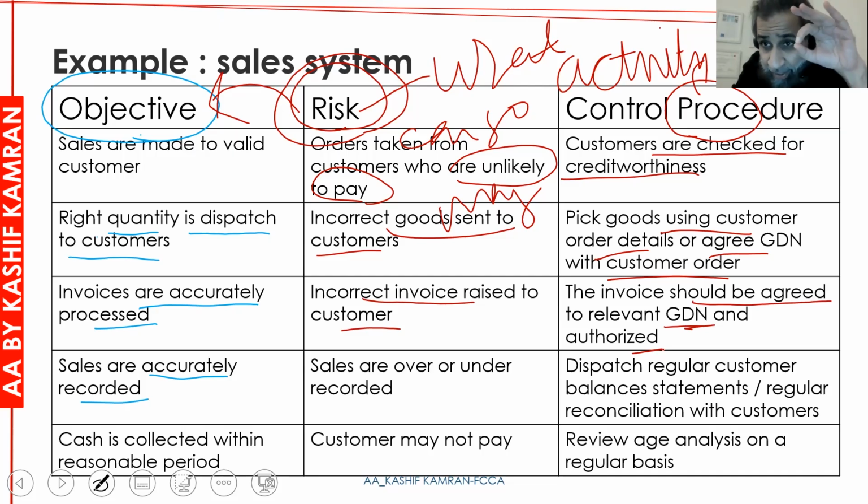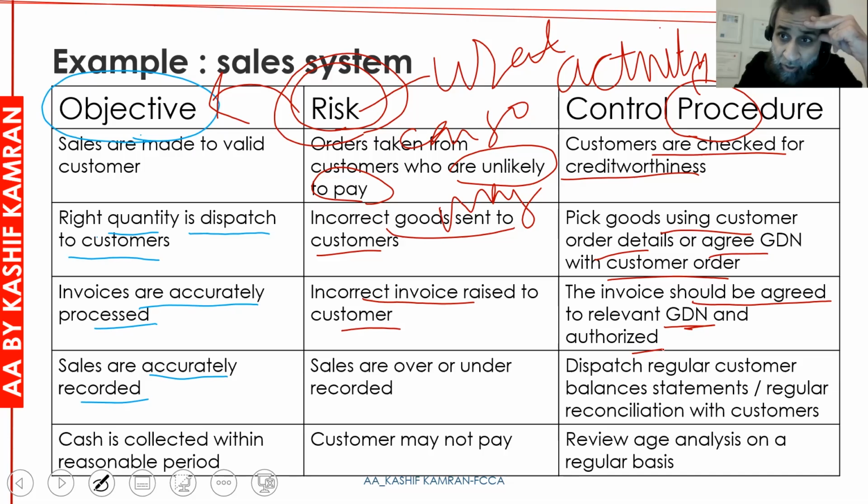Now the units on invoice should agree with the units on the dispatch note. So if the dispatch note says 100, the invoice should also say 100. The invoice should agree to the relevant GDN and authorized. That's the procedure to mitigate the risk of incorrect invoice raised to customer. Check and balance.